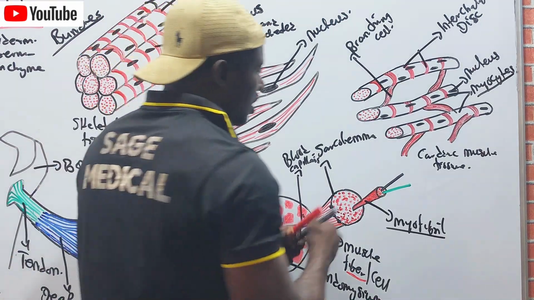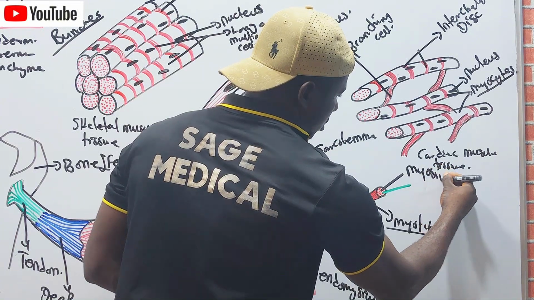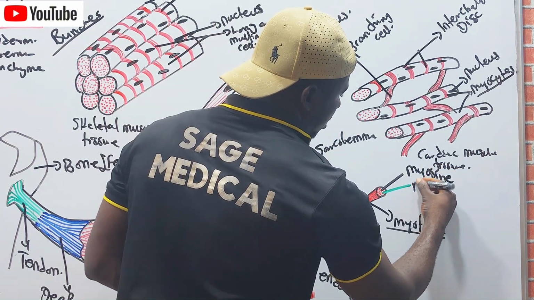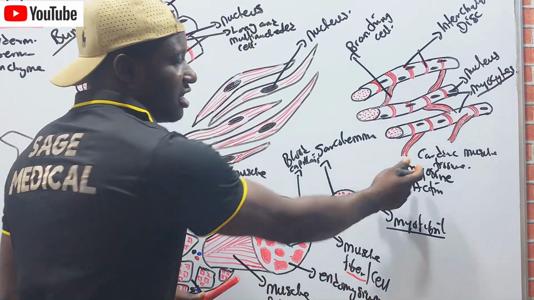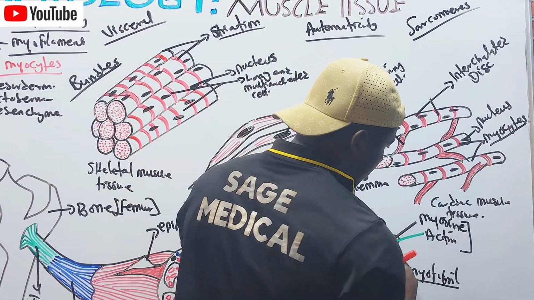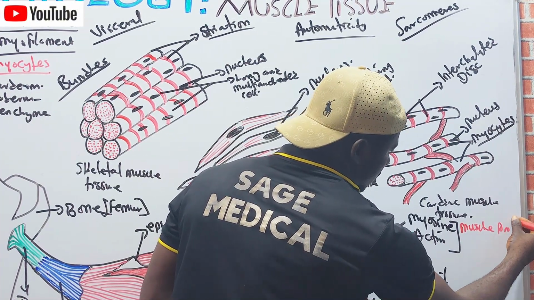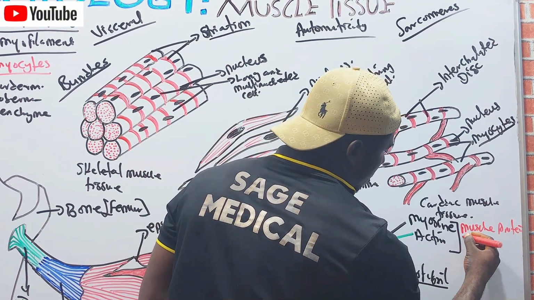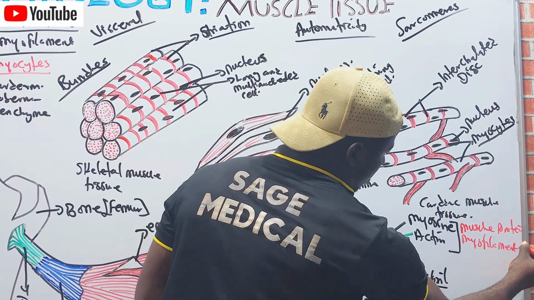Now, this is the myosin. This is the actin. You get? The myosin and the actin. Both of them are called muscle protein myofilaments.